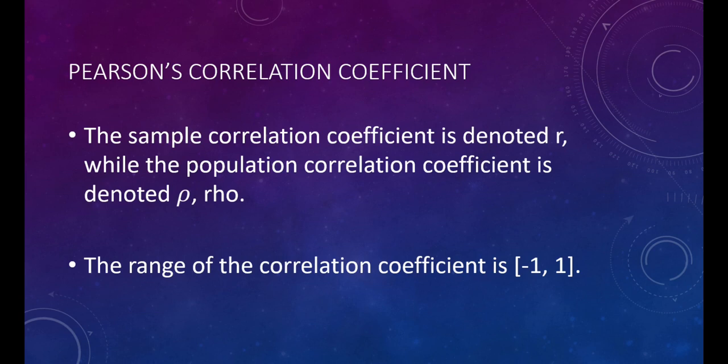Pearson's correlation coefficient. The sample correlation coefficient is denoted with the letter r, while the population correlation coefficient is denoted with the rho symbol here. The range of the correlation coefficient can go as low as -1 and up to +1.